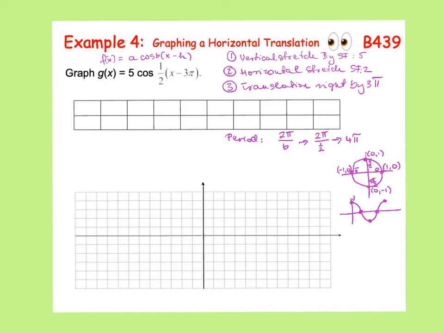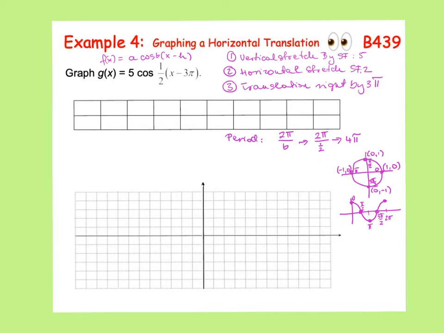So here is our 0 radian. This would be our pi over 2. This is just pi. And then our 3 pi over 2. And then this would be our 2 pi point.